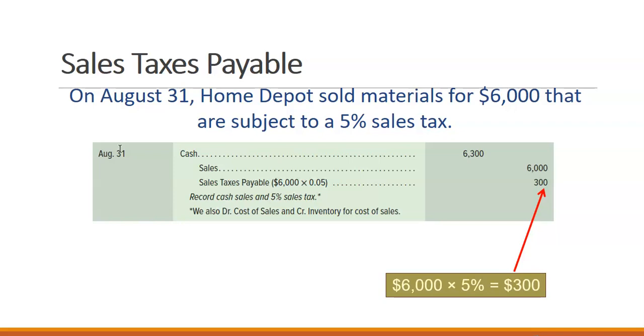In Iowa, the sales tax is anywhere from 5 to 7%, depending on which county you live in. So we have our cash, our sales, and then our sales tax payable. Then on August 31st, we would record that sales tax payable, and then quarterly, we pay those taxes to the state.